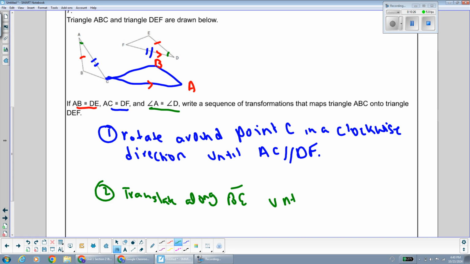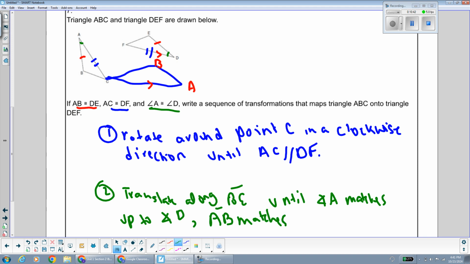And just to make it more complete, I'll say until angle A matches up to angle D, just because that was provided in the question, until AB matches up with DE, because that was provided in the question that those were supposed to match up, and AC matches up with DF.